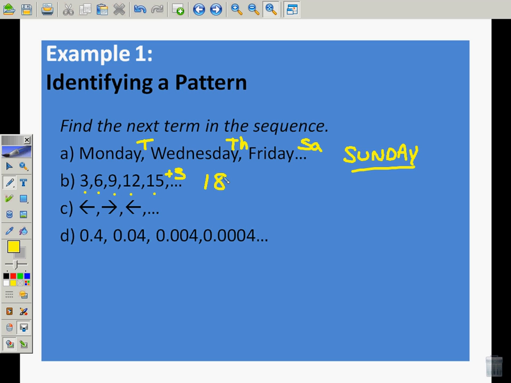So 18 is going to be our next term. In C, we're going left, right, left. So our next term would be right. And if we look at the number of zeros behind the decimal point, we have 0 zeros, 1 zero, 2 zeros, 3 zeros. So our next logical one is going to be to put 4 zeros behind there and keep our 4 as is. Okay, and so we're recognizing patterns here.